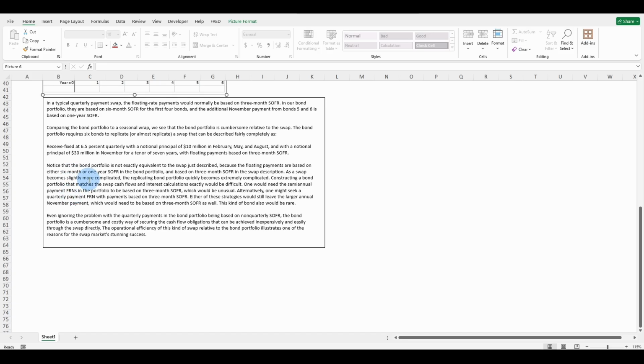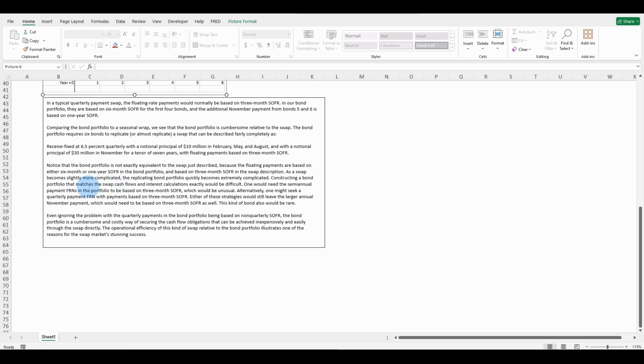Notice that the bond portfolio is not exactly equivalent to the swap just described because the floating payments are based on either 6-month or 1 year SOFR in the bond portfolio and based on 3-month SOFR in the swap description.